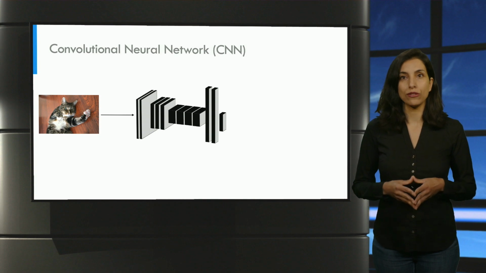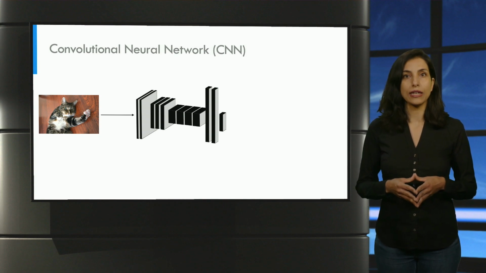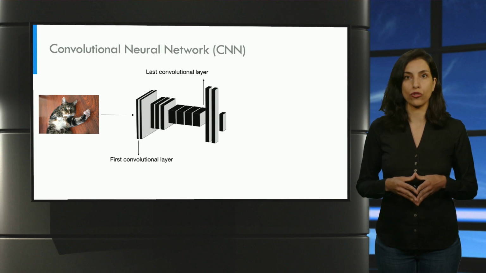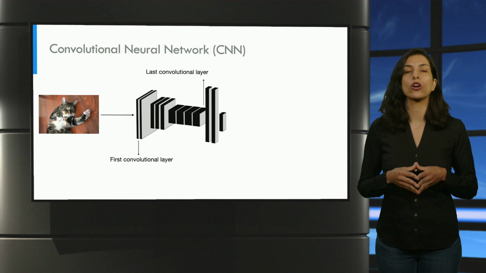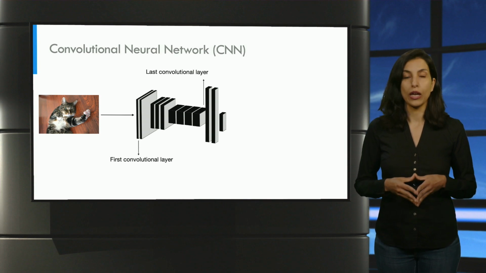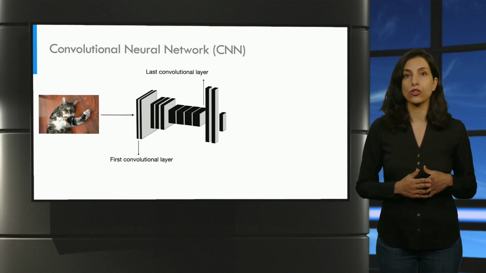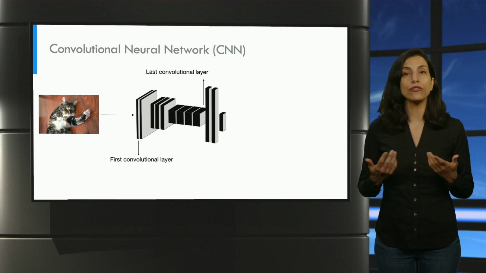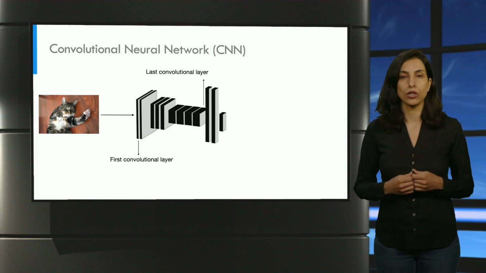The input image can directly go in as an input to the CNN. The hidden layers in convolutional neural networks are replaced by convolutional layers.